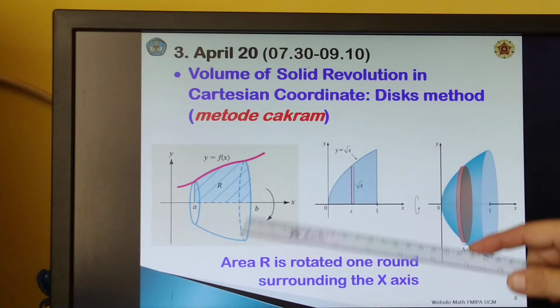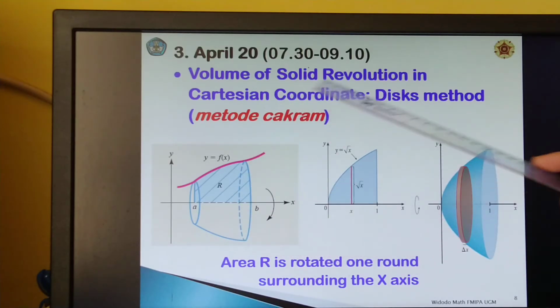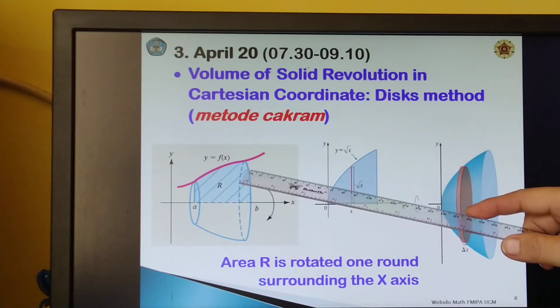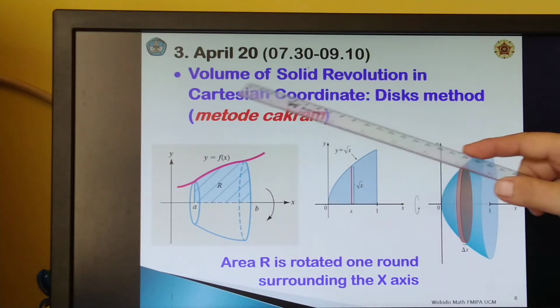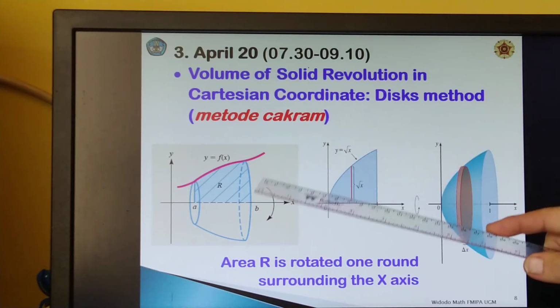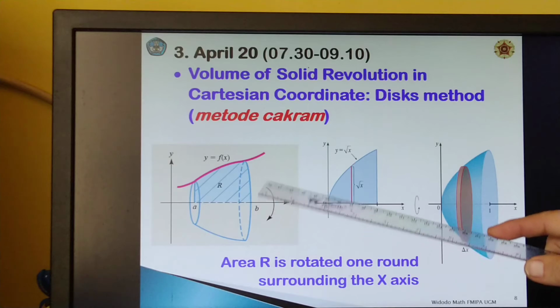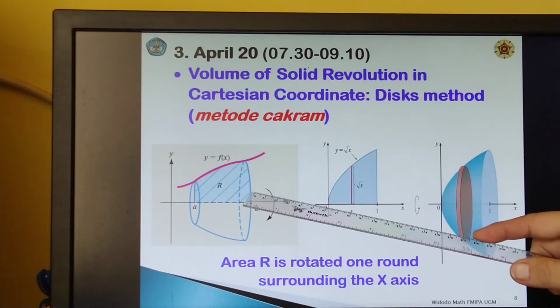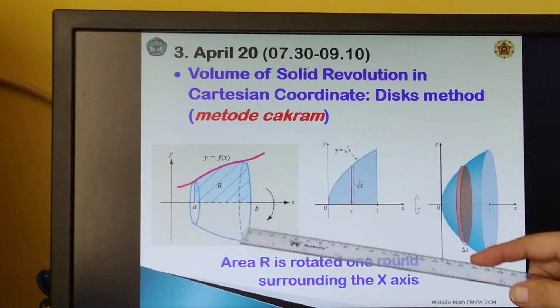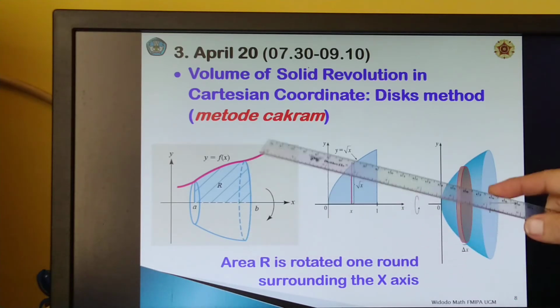Benda putar padat. Solid of revolution means benda putar yang padat. In this session, we would like to find how to formulate the formula of the volume of this solid of revolution.